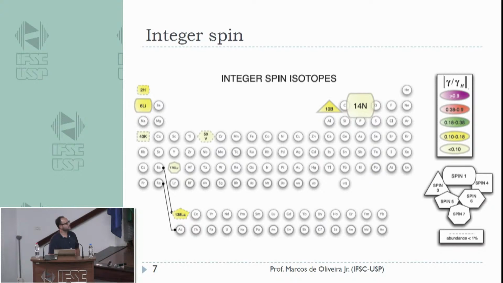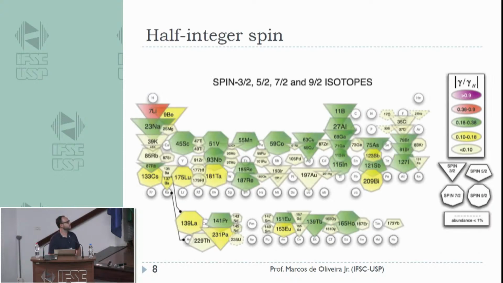And the lighter ones have a very low frequency, so they have some equipment limitations. And here are the half-integer spins. They are the majority of the periodic table. Just to give examples here, the shapes of the symbols give the spin quantum numbers. So this is just to give an overview of the different isotopes we can find in the periodic table.